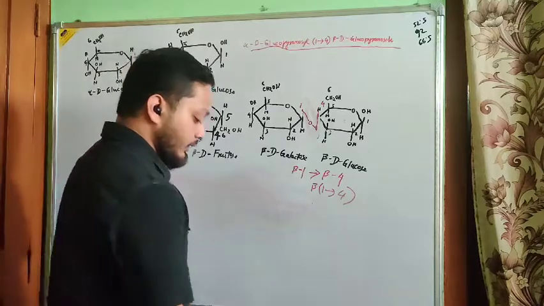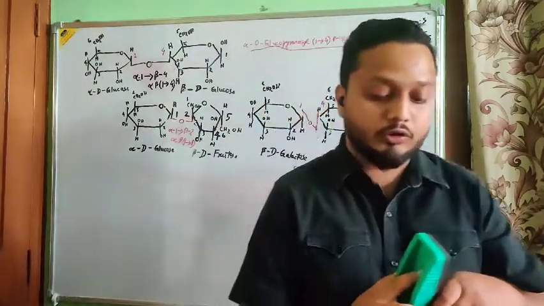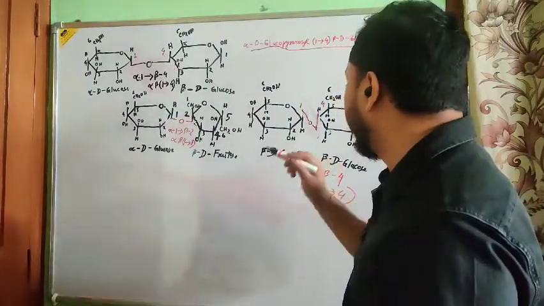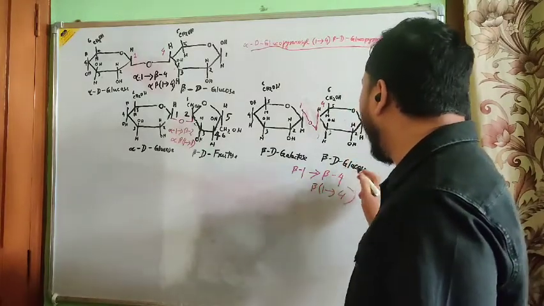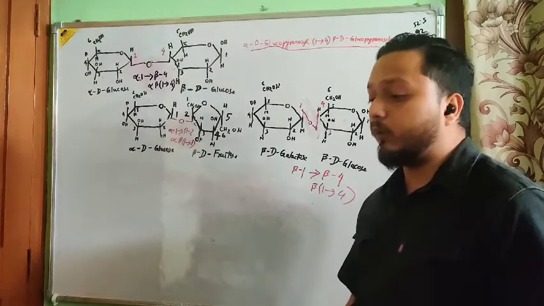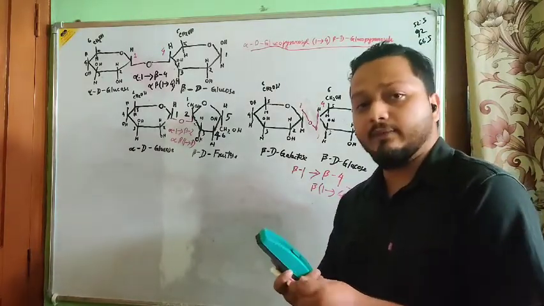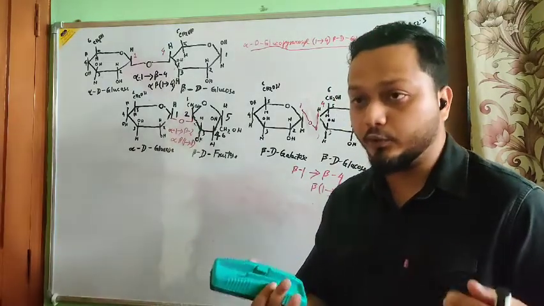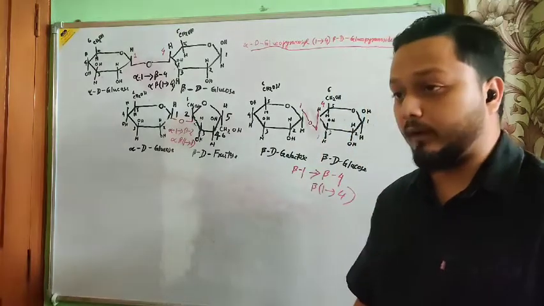Now, lactose. Lactose is also known as milk sugar. It consists of 1 unit of beta D galactose and 1 unit of beta D glucose via beta 1 to 4 glycosidic linkage. Now, you may have heard the term lactose intolerance. Some of you have the problem of lactose intolerance.